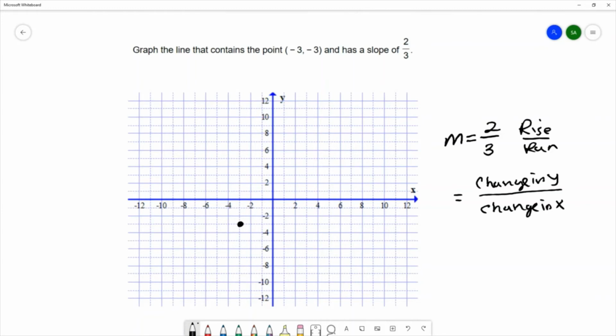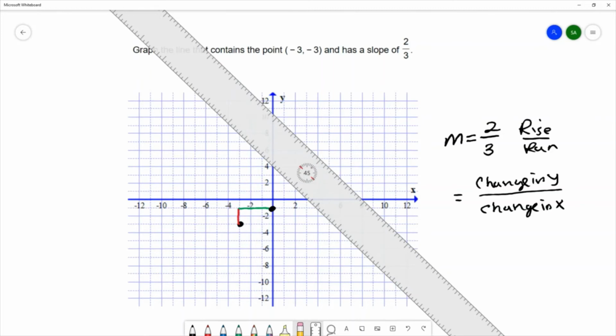So I can start from that point that I plotted, negative 3, 3, and rise 2, so I'll go up 2, I'll change y by 2, and then I'll change x by 3, so I'm going to run 3. And that's going to lead me to a second point on that line. And with that second point, you only need 2 points to graph a line.